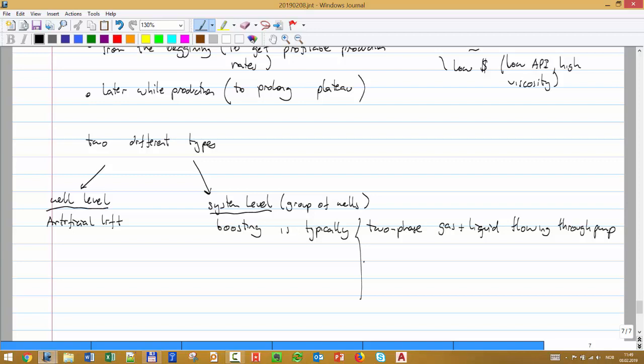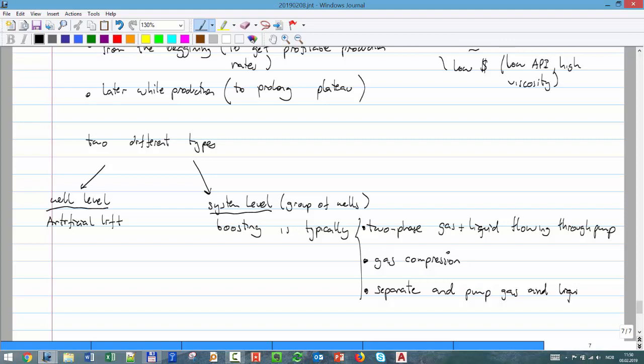Or I can have gas compression. Or I separate, which is not that common, and pump gas and liquid separately.